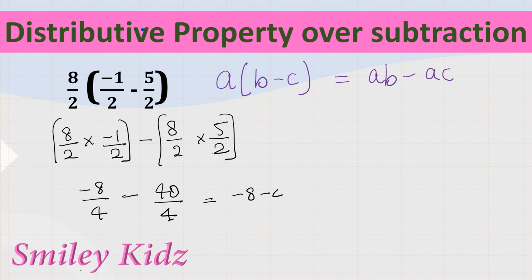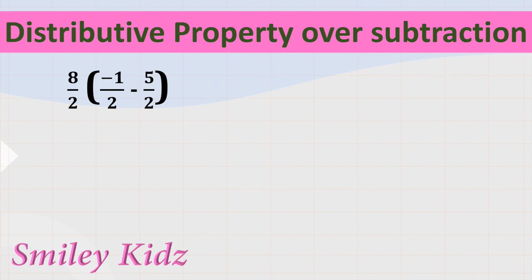Minus 8 minus 40 by 4. Here we are having same signs, so we'll be adding and putting the bigger number sign, which is equal to minus 48/4. We can further simplify this. 4 times 12, which is equal to minus 12. By solving this, we got the answer as minus 12.